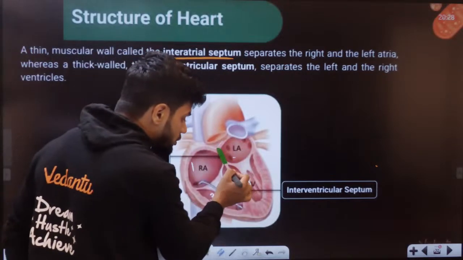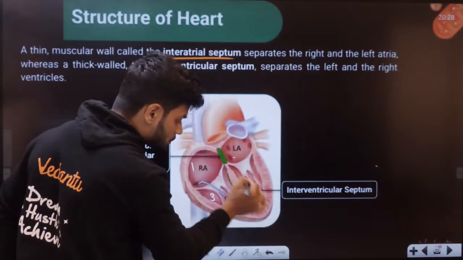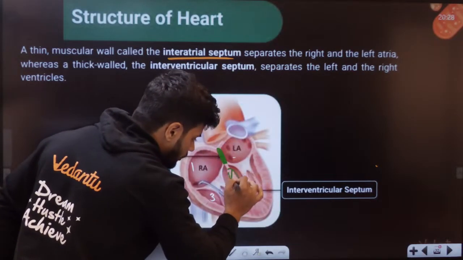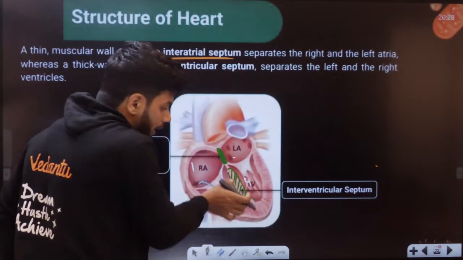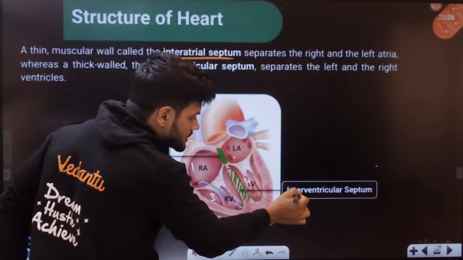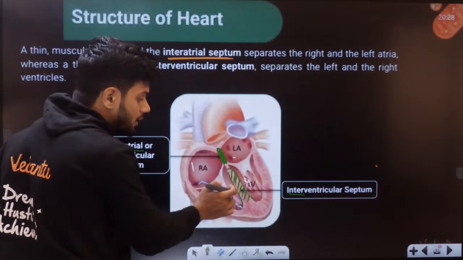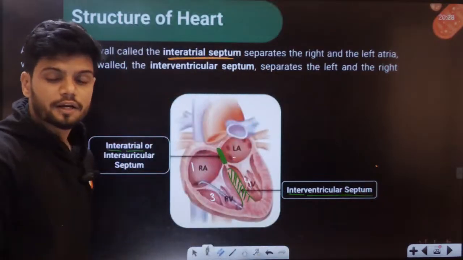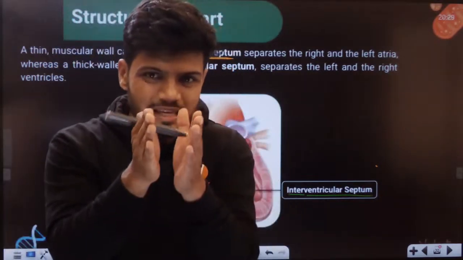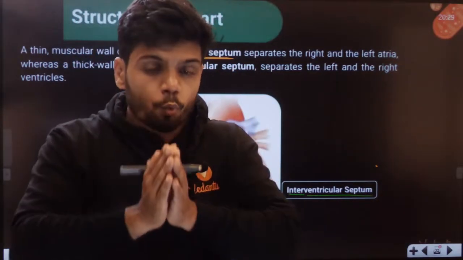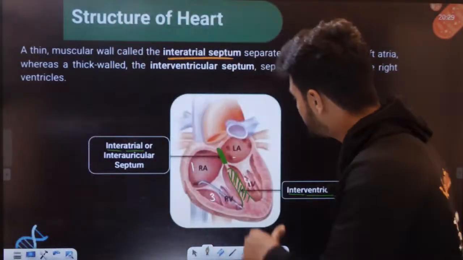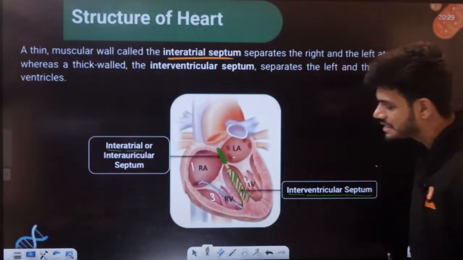Then what do we call this one, students? Right in the middle, this is much bigger and much thicker, because more pressure goes to the ventricles. It is called what? Inter again. These are the ventricles, so the interventricular septum. So there are totally 2 septums. One septum between 2 atria, and one much broader septum between 2 ventricles. Between two atria, the interatrial septum.